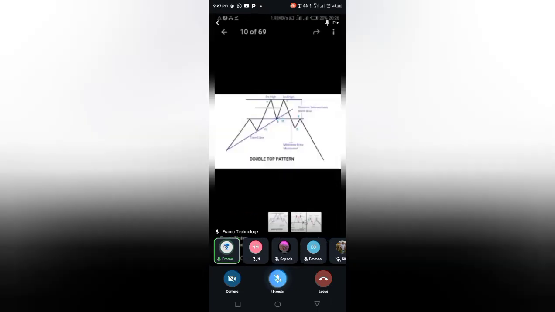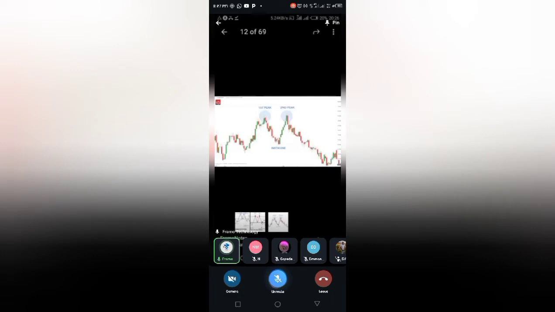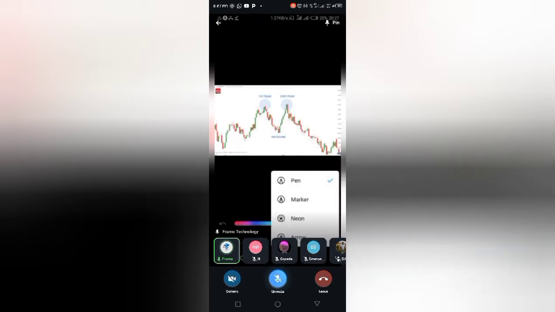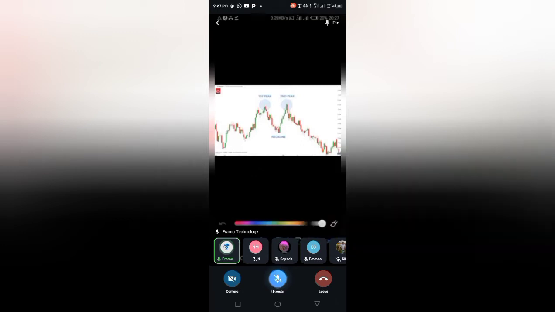Let's take this diagram, for example. You could see that at that place the price or the trend went to that line and it bounces back.